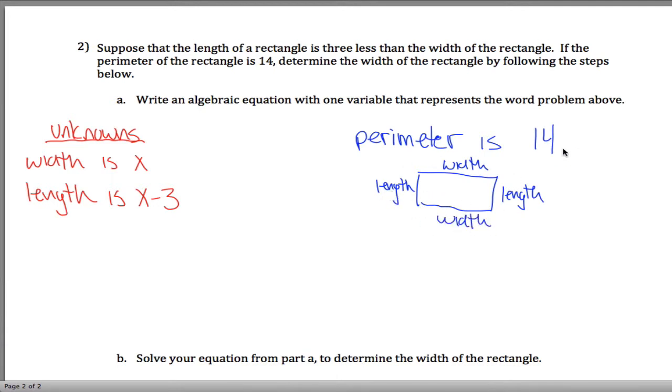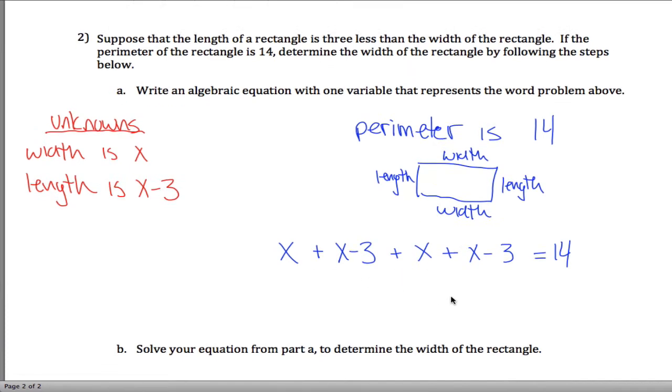If I add up all those, I get 14. In other words, the width plus the length plus the width plus the length is equal to 14. You could leave it here, or you could simplify it at this step. I'm going to simplify it in B, because this is all I need you to get to for A. It's an equation that only uses one variable, the letter x, and it represents this word problem.